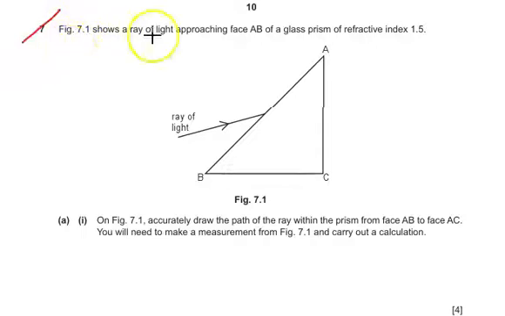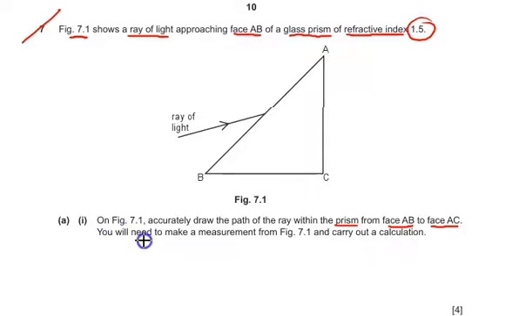Okay, question number 7. Figure 7.1 shows a ray of light approaching face AB of a glass prism of refractive index 1.5. On figure 7.1, accurately draw the path of the ray within the prism from face AB to AC.